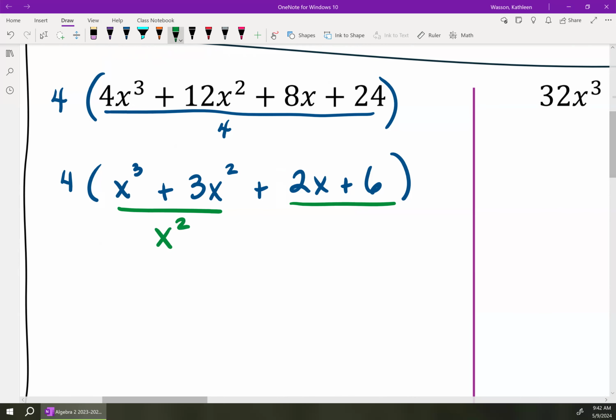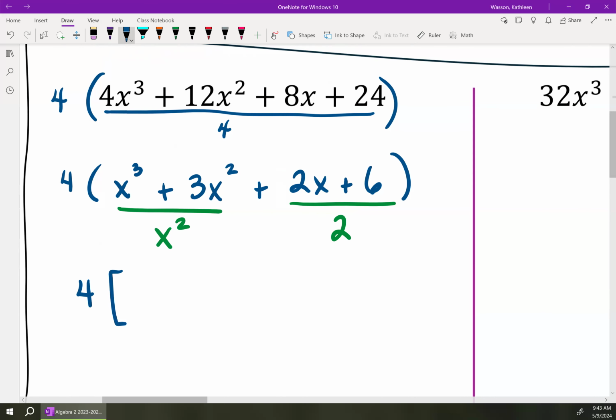For my second 2 terms, the greatest common factor is 2. The x squared is positive because x to the third is positive. The 2 is positive because I have plus 2x. So that's what I meant when I said the sign will match the first term for whatever it is you're factoring.